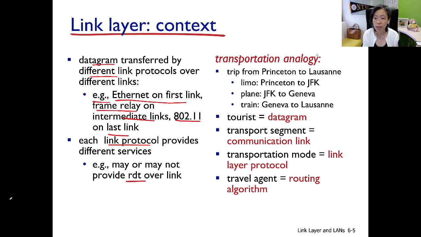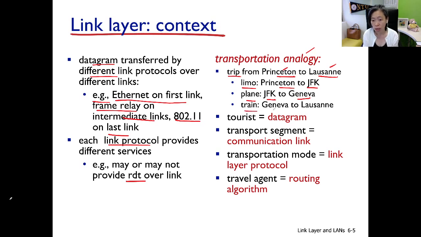Here I'm using an analogy, transporting people, to compare with transporting packets over the internet. Let's suppose we are taking a trip from Princeton to Lausanne, the source and destination. What might happen is this: you take a taxi from Princeton to JFK, the airport, and then you take a plane from JFK to Geneva airport.